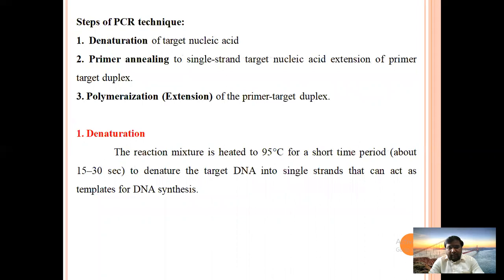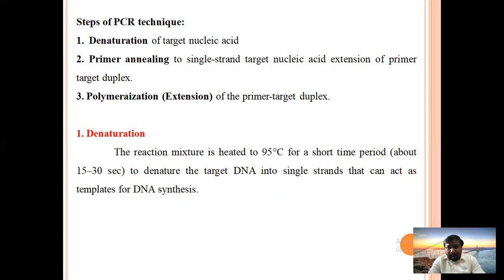So the first step, denaturation. The reaction mixture is heated to 95 degrees Celsius for a short period of time, about 15 to 30 seconds, to denature the target DNA into single strands that can act as a template for DNA synthesis.